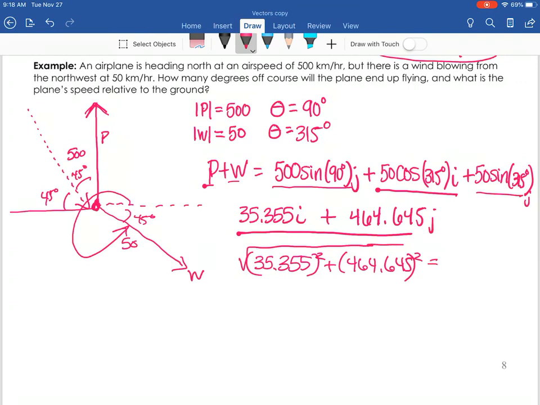Take the square root of it, and I'm going to get 465.99, and this is in kilometers per hour. So relative to the ground, this is what the plane is actually flying because the wind is slowing it down a little bit, pushing on it.